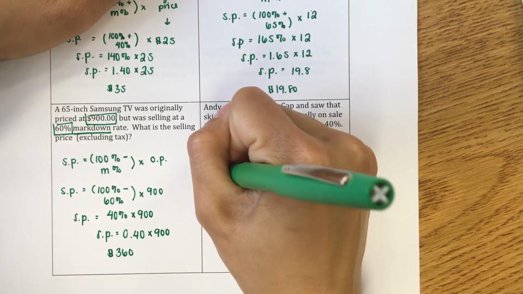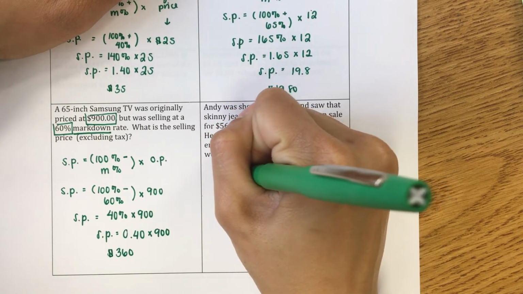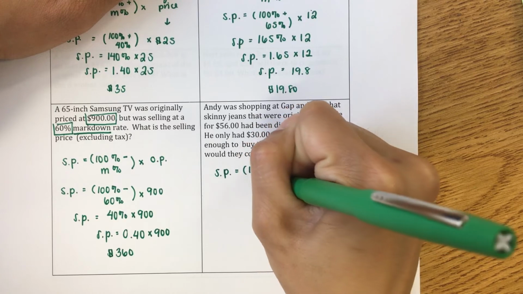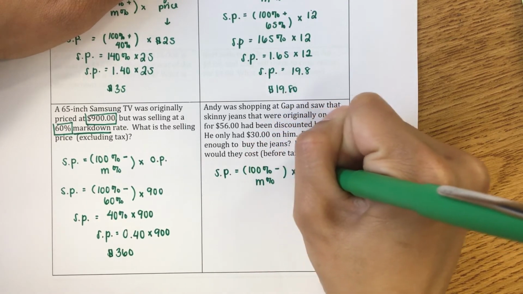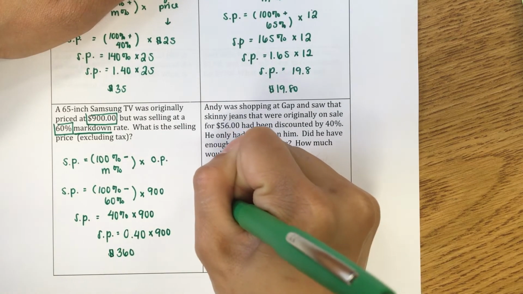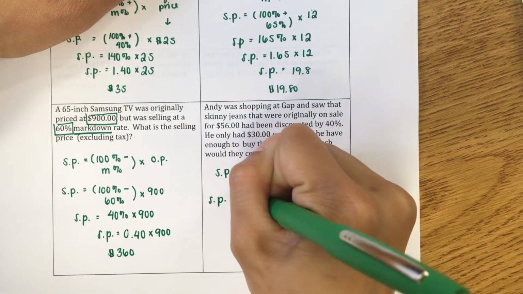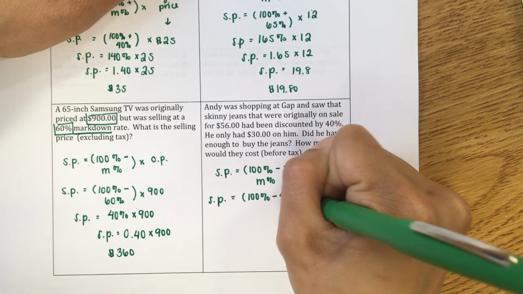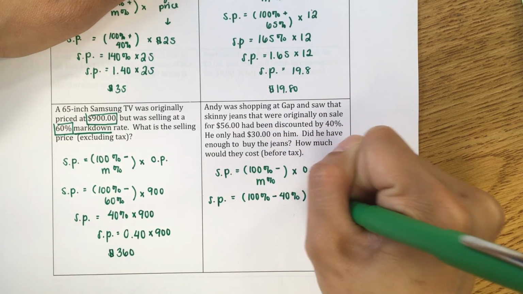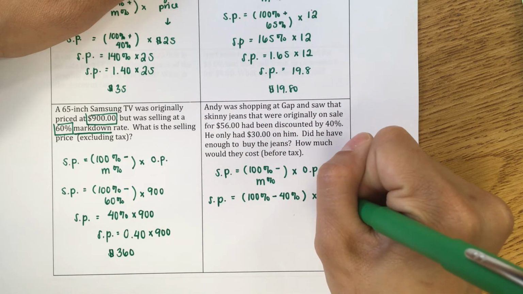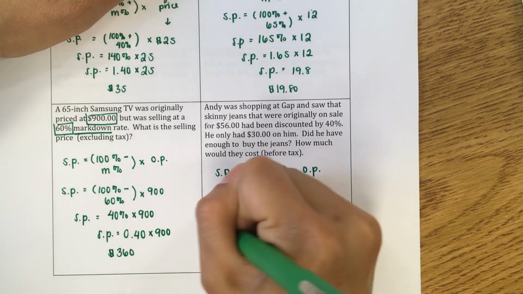So using your equation of selling price equals 100% minus the markdown rate, we're going to multiply that by the original price. Our selling price is going to be whatever 100% minus 40% is, because that is our discount, and multiply that by our original price of the jeans, which is $56.